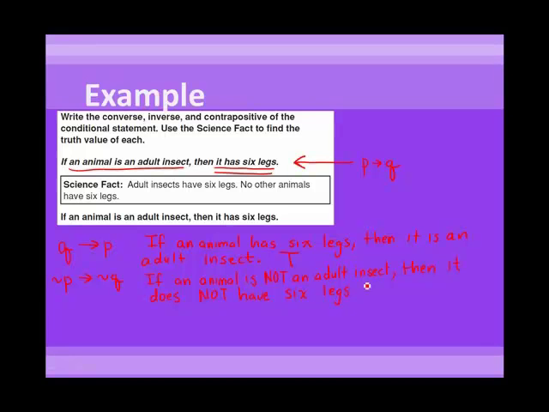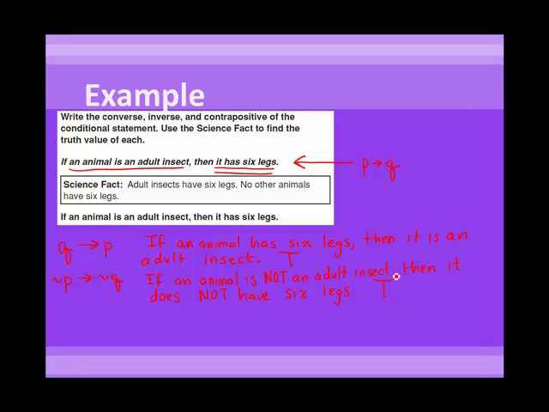Now, is that true? If an animal is not an adult insect, so think of an animal that's not an adult insect, then it does not have 6 legs. So that is our inverse statement, and I would say that it has to be true.